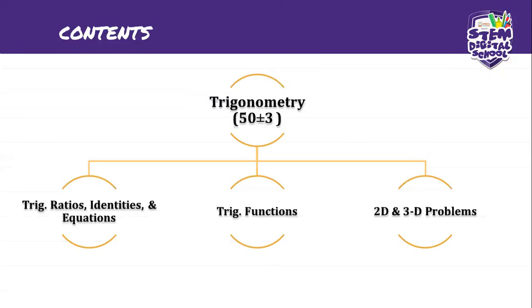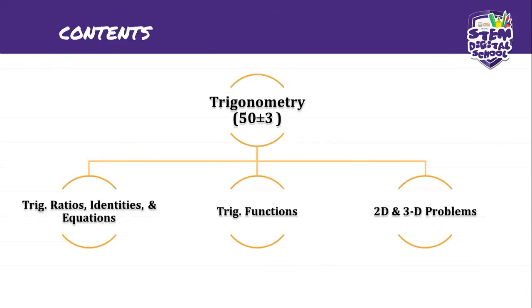My dear learners, if you remember very well, the first subtopic of trig ratios, identities, and equations, and the other one of trig functions and 2D, is just prior knowledge to us. We have done them in grade 11. Remember, this year in grade 12, we only did 2D problems. So the rest was just a revision to us.